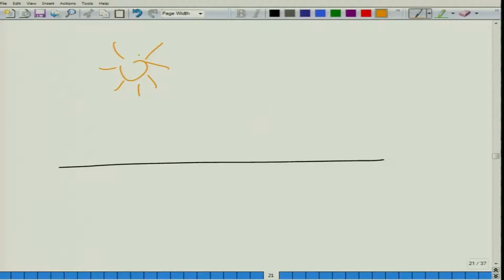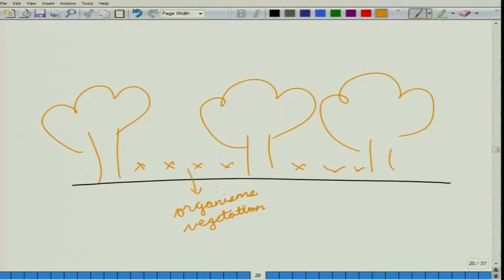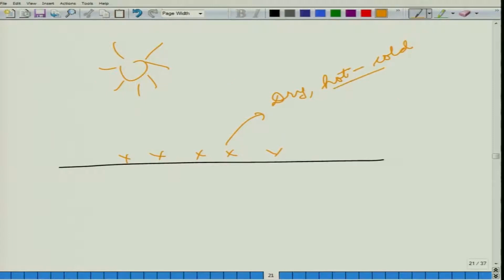So, when this place is exposed to the sun, then what is the condition here? This would be dry, it would be very hot in the day to very cold in the nights. In the case of these forest areas, we are having an equable climate or an equable microclimate, but in this case we have a very hot condition to a very cold condition.